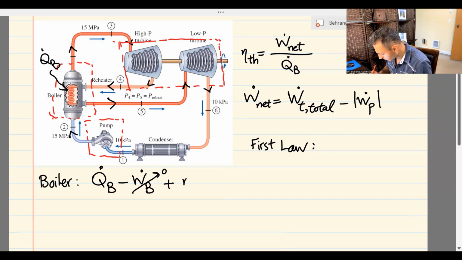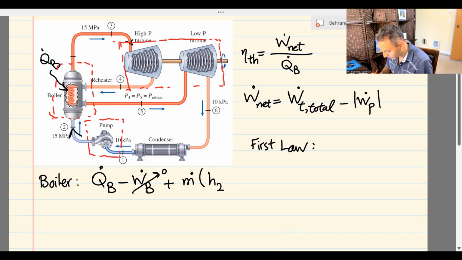So plus M dot, what is going in? Looking at the boiler, I can see 2 is going in. So for you to see, for the boiler, what's going in is 2, so I'm going to write H2. What else is going in? 4 is going in, so plus H4.